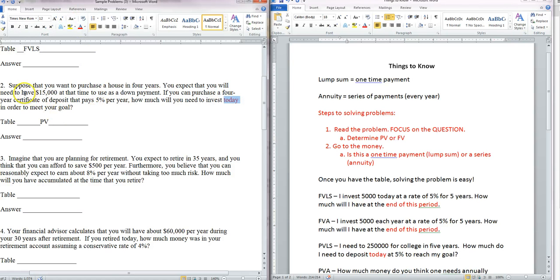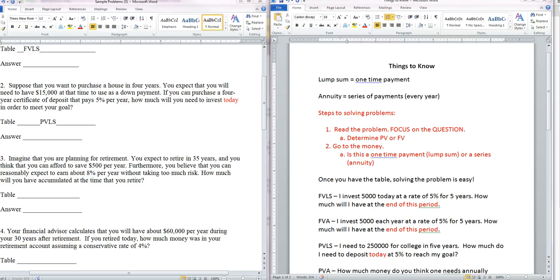Now go to the money. $15,000. Does it say every year? It does not. So it's only a lump sum. Present value of a lump sum. I'm going to do this one. So 15,000, 5% for 4 years.